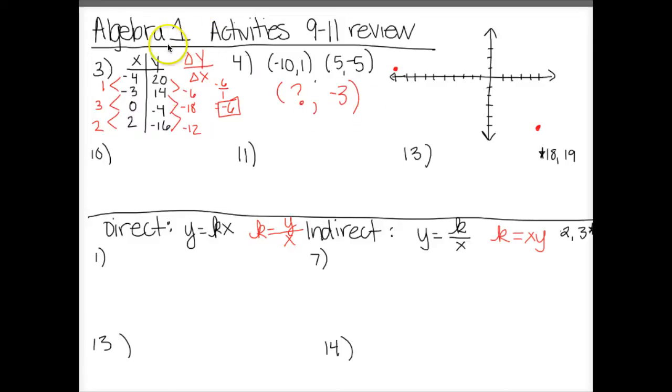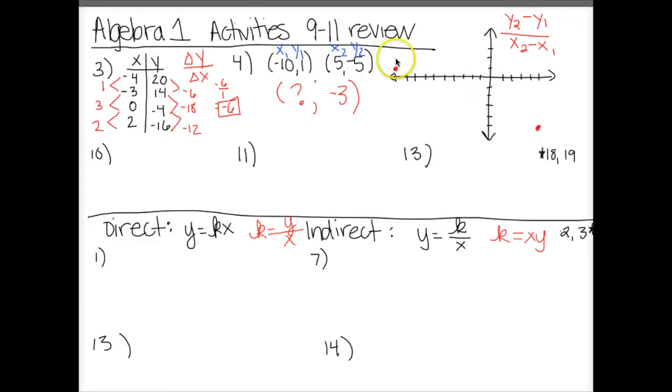We already reviewed one means of slope, which was delta y over delta x. Now we're going to review the slope formula, which is y2 minus y1 over x2 minus x1. When I look at my points here, my first point is always x1, y1, and my second point is x2, y2.